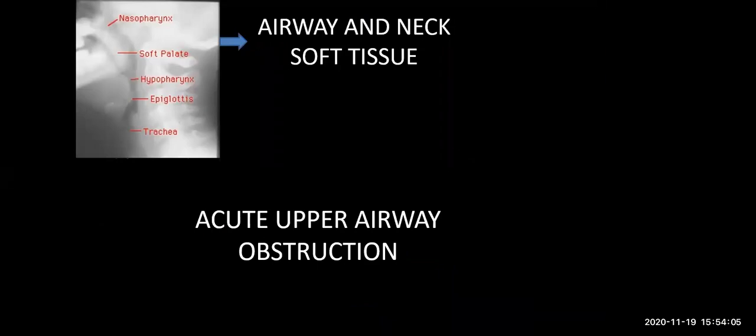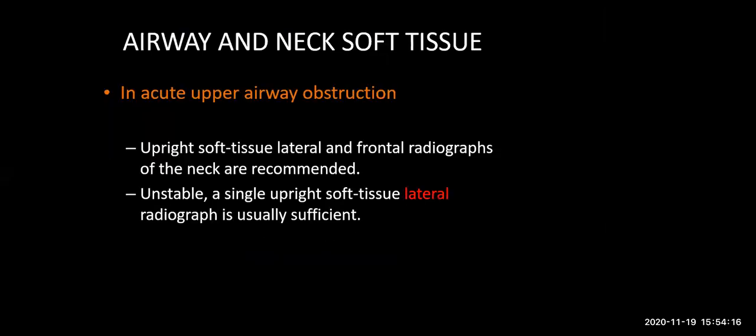Starting with the airway and neck soft tissue, mainly under the spectrum of acute upper airway obstruction, which is a very common entity in the pediatric age group. How do we usually approach these patients radiologically? You will need to expose the neck of the baby with lateral and frontal radiographs.